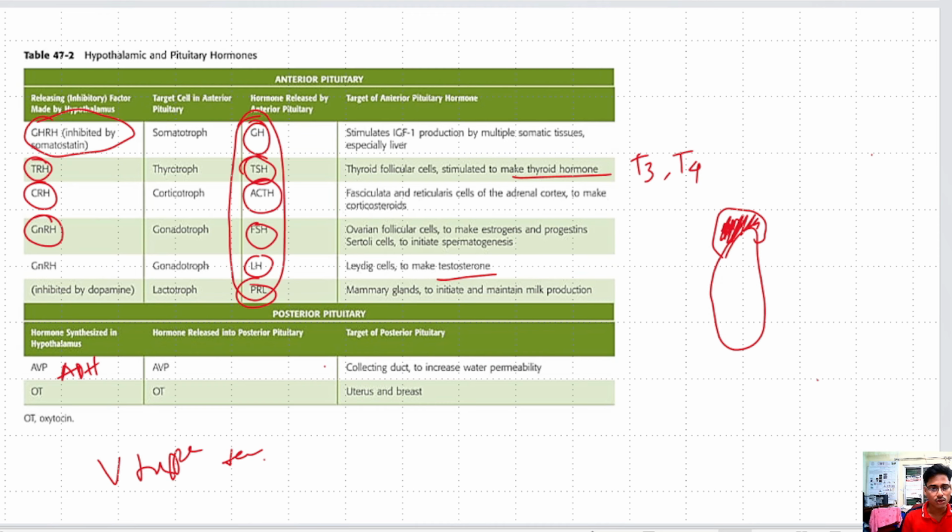And also OT, oxytocin, is released by the posterior pituitary, and its target organs are the uterus and the breast region. ADH works on the collecting duct, which is attached to the loop, the nephron part in the body.